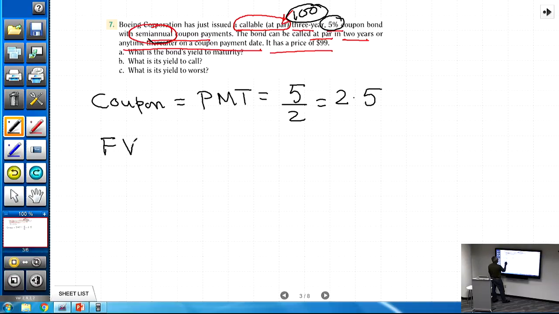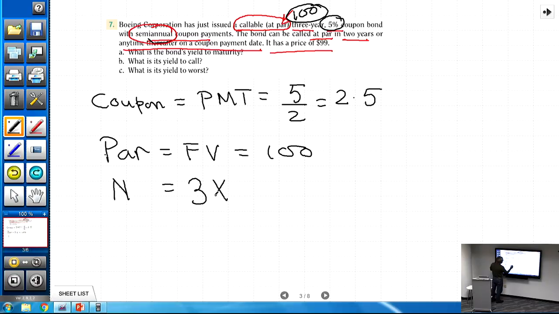What's the future value? The par value is my future value, which is 100. N, the number of periods, is 3, but since this is semi-annual, we will double the number of periods to 6.